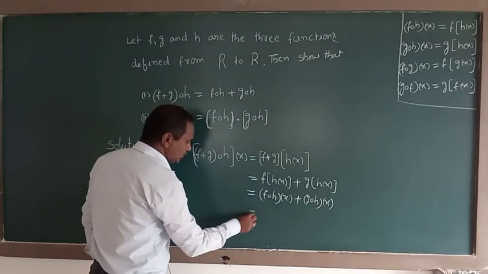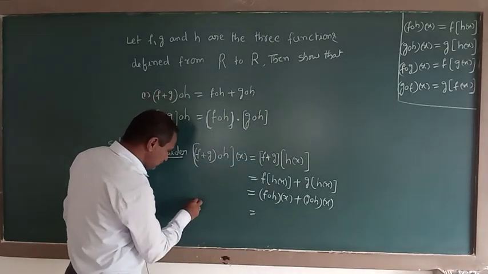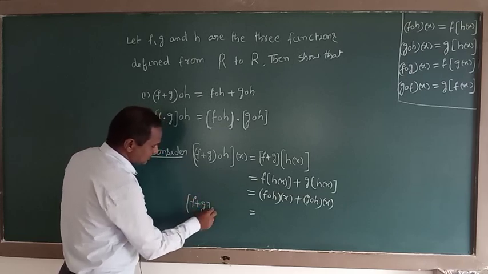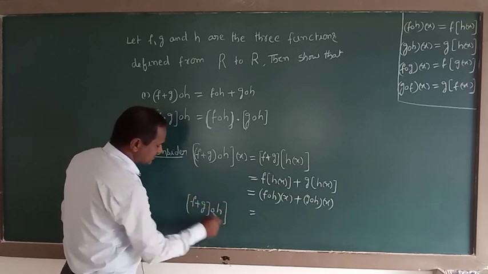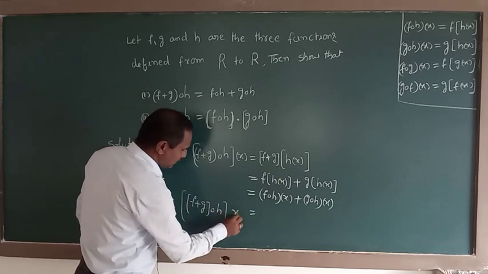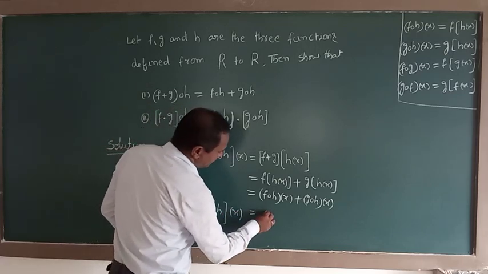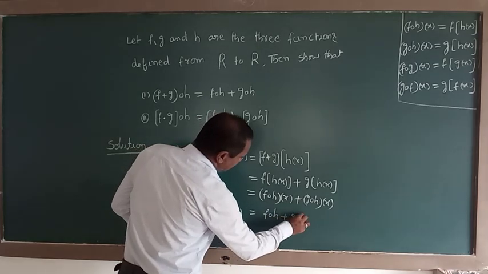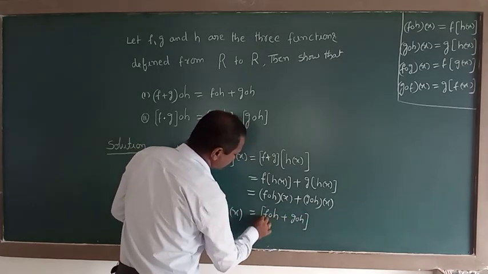That is equal to f plus g circle h of x is equal to, take x common here, f circle h plus g circle h of x.